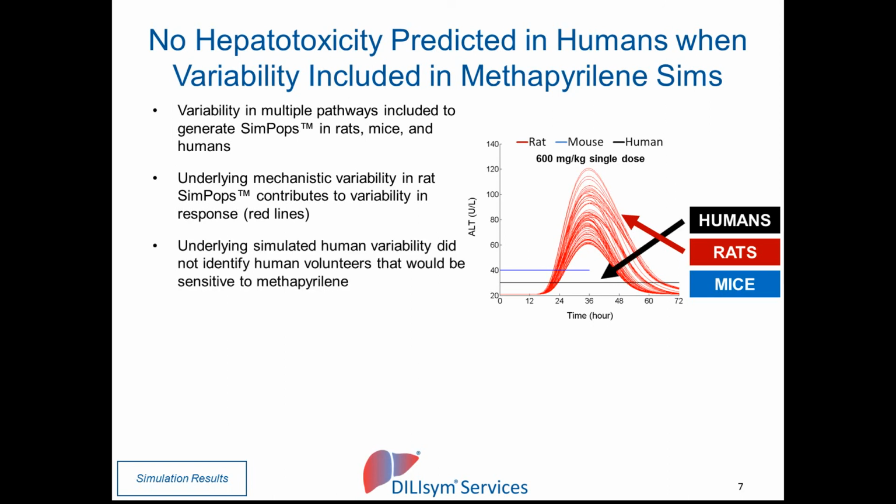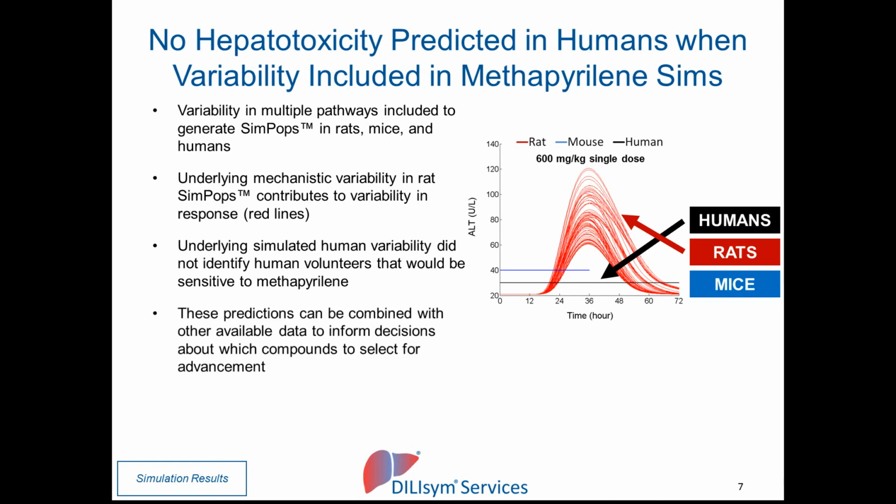However, there was no predicted increase whatsoever in ALT at this dose in humans nor mice. So again, it's consistent with what was observed, that there were species differences. Even considering inter-individual variability in some of these key areas of the underlying hepatic biochemistry, still no predictions of clinical hepatotoxicity, yet consistent or appropriate predictions of preclinical rat hepatotoxicity.